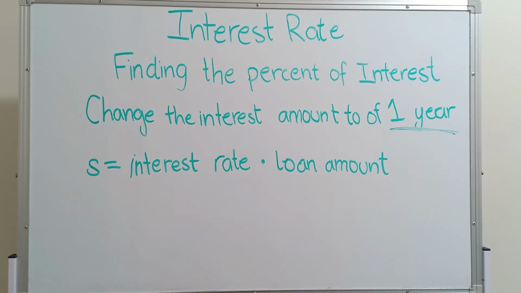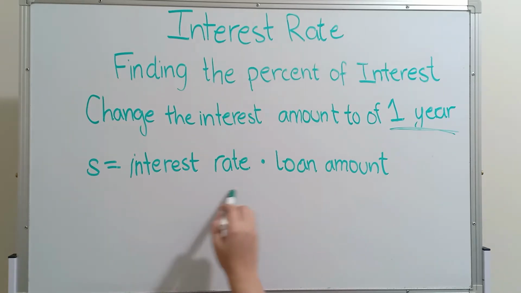So we have the interest amount, which is the amount that is going to be in 1 year, okay? And we have the formula here, which is S equals interest rate times loan amount. This S stands for interest amount, and this is the interest rate, which is the amount in percent form.